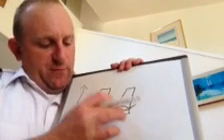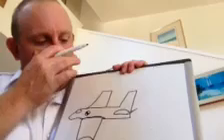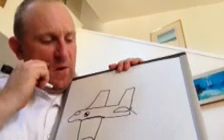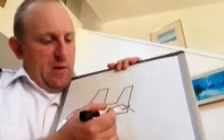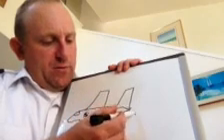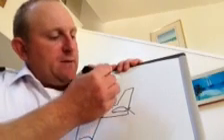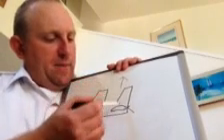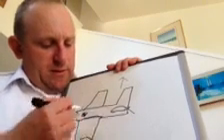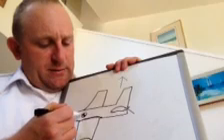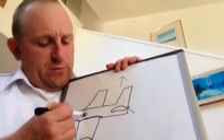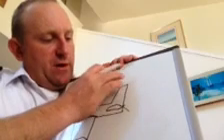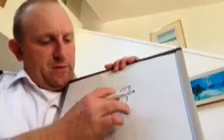Conversely, if we push the yoke down, which means we will push the elevator down also, that will create an increased camber, increased angle of attack, which will thus create lift, and that lift will rotate the longitudinal axis about the lateral axis and make the nose of the aircraft go down.